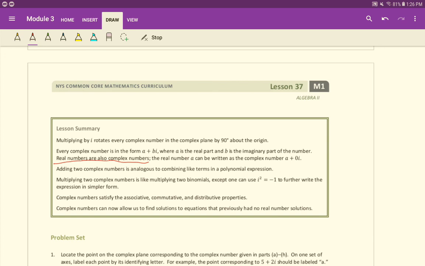They just don't have this imaginary part. So the real number a can be written as the complex number a plus 0i. Adding two complex numbers is just like combining like terms in a polynomial expression, and multiplying is like multiplying two binomials, except don't forget that i squared is equal to negative 1 to help you simplify.